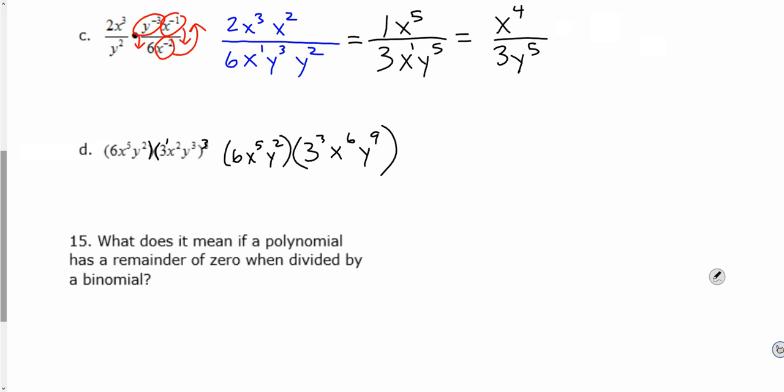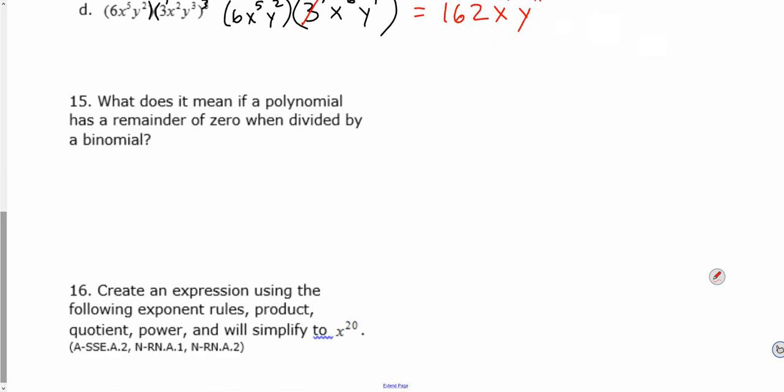Now we do the multiply part. So I can't really multiply those numbers yet until I simplify this and make this 27. So if I'm going to multiply 6 times 27, that answer is 162. And then for the exponents, I just add them. There's 5 x's there, there's 6 over there, so that's 11 altogether. Y squared and y to the 9th, there's 11 altogether.